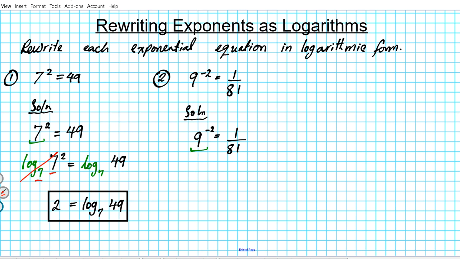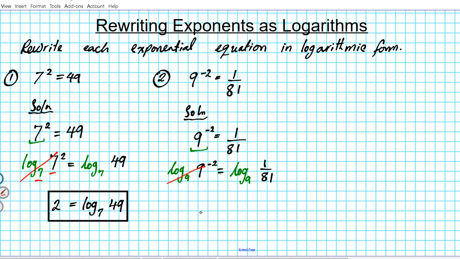Okay. So we're going to take log base 9 of the left side of the equation, which is 9 to the negative 2 power. And that's equal to log base 9 of the right side of the equation, 1 over 81. On the left side, we see that the base of the log and the exponents are identical, so they basically cancel each other out.